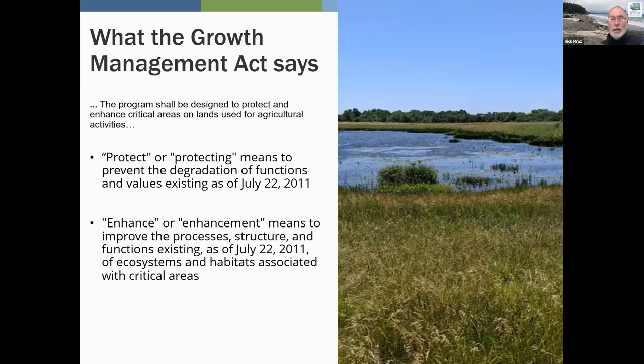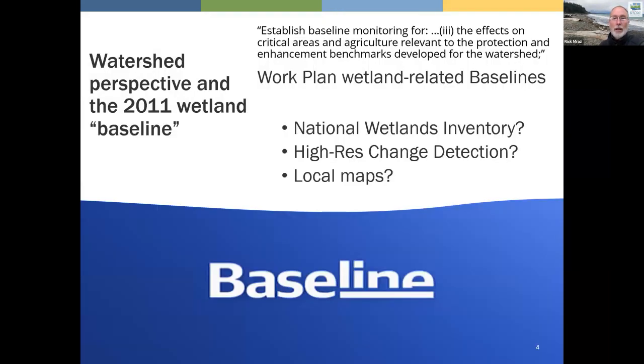My next slides are going to take a closer look at wetlands and the concept of this inherent baseline of July of 2011 that's built right into the statute. So remember, the statute says protect and enhance functions and values, and establishing a baseline was one of the first steps.